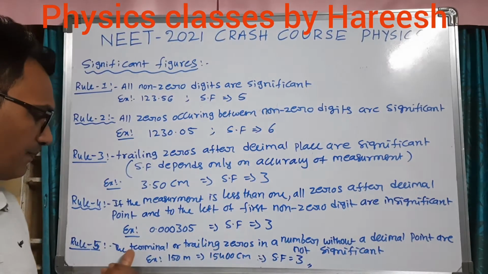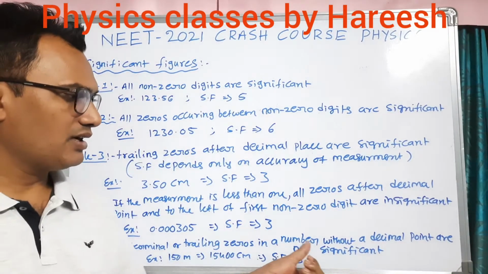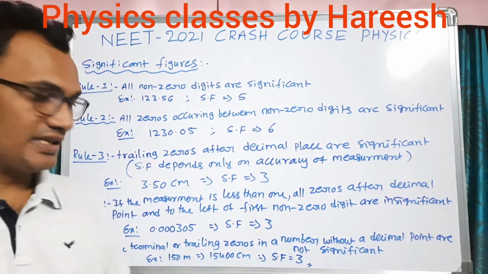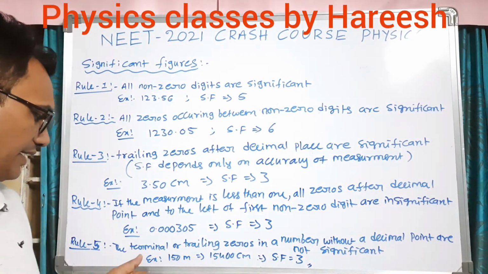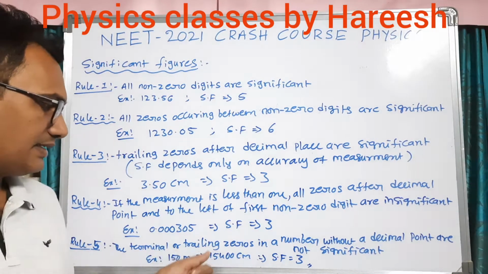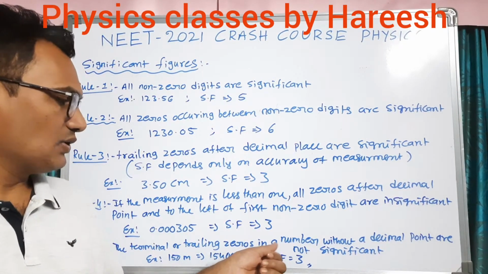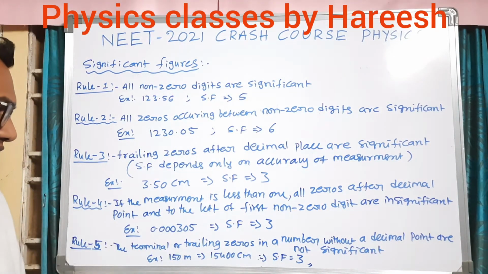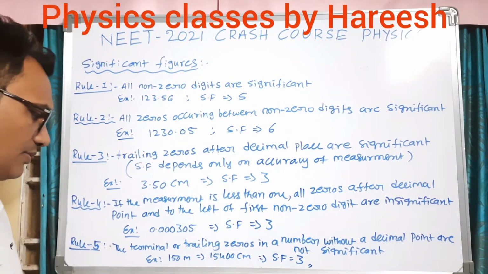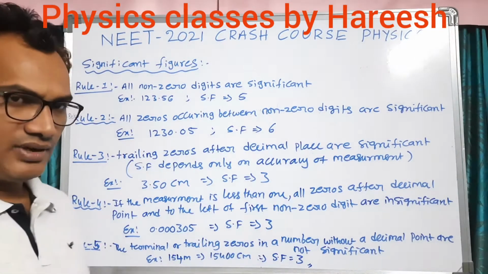Next, rule number 5: the terminal or trailing zeros in a number without a decimal point are not significant. Here is 154 meter.